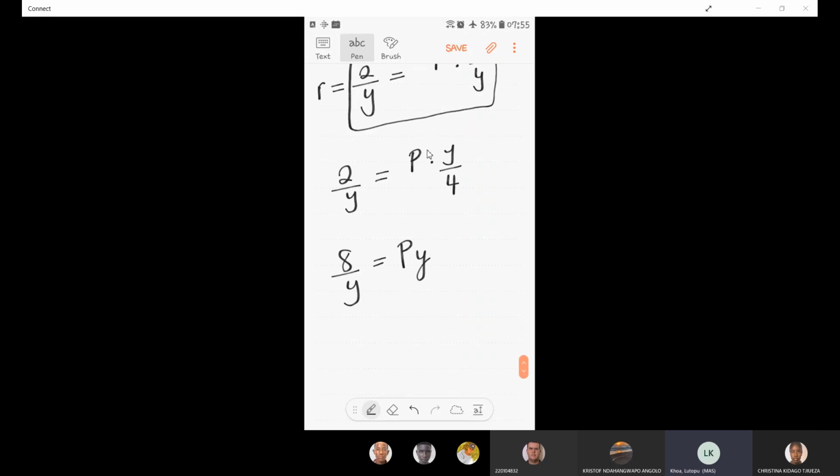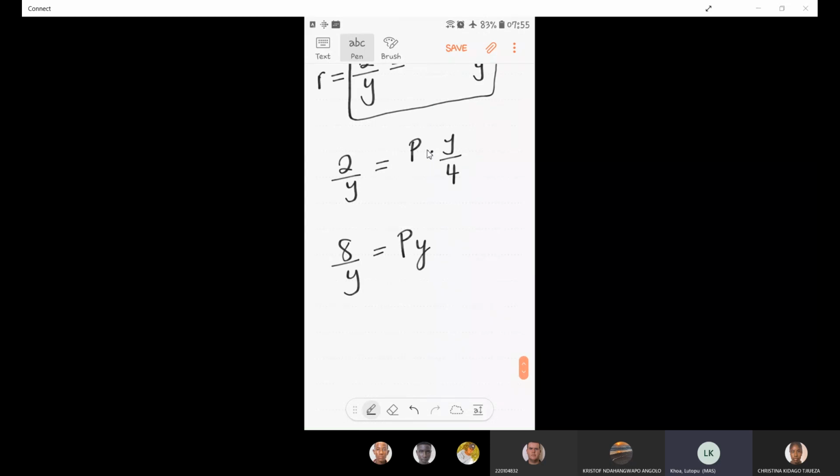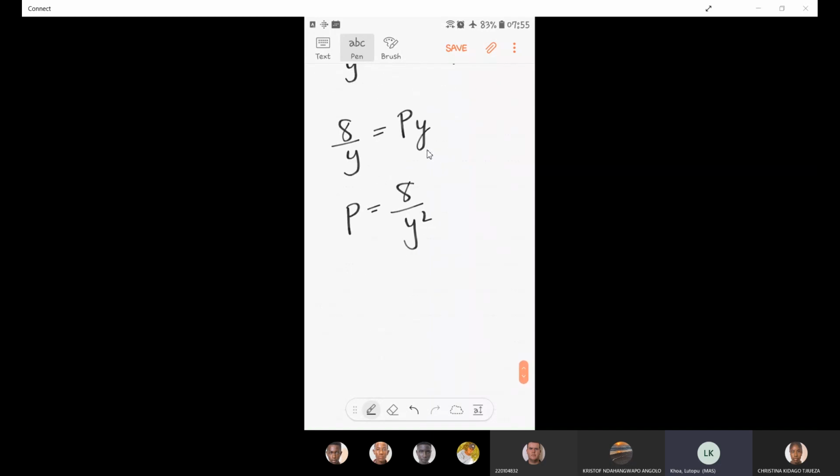And then you divide by Y on both sides. You'll get P is equal to 8 over Y squared. That's it. So this type of question is just testing you: do you understand what it means for a sequence to be geometric? That is, the ratio must be common between any two consecutive terms.